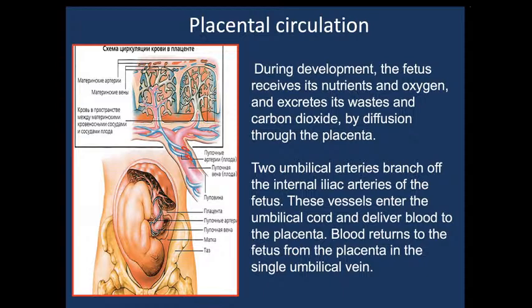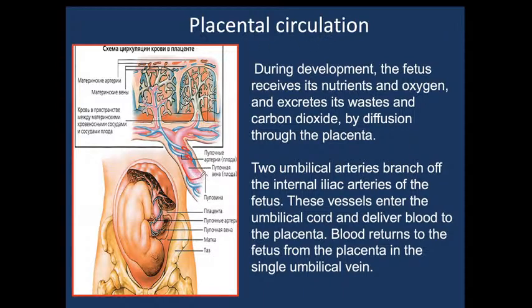These vessels enter the umbilical cord and deliver blood to the placenta. Arteries deliver blood to the placenta. Blood returns to the fetus from the placenta in the single umbilical vein.